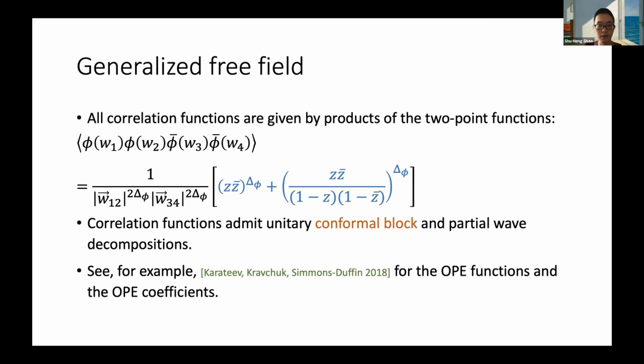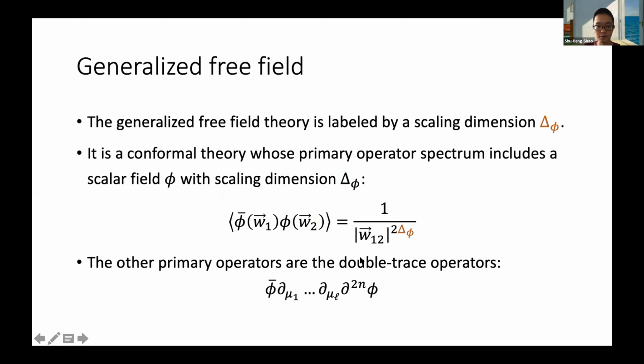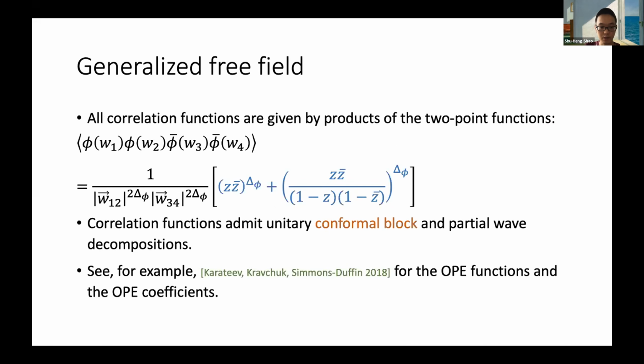But let's put the celestial holography aside for the moment. The generalized free field theory has these simple correlation functions. And the correlation functions admit a unitary conformal block decomposition, and the intermediate operators that are being exchanged are precisely these double trace operators. The OPE coefficients are explicitly known and they can be written in terms of the gamma functions.